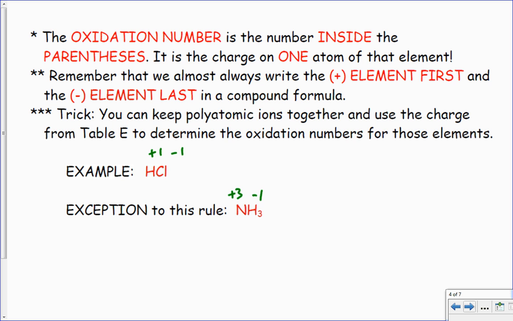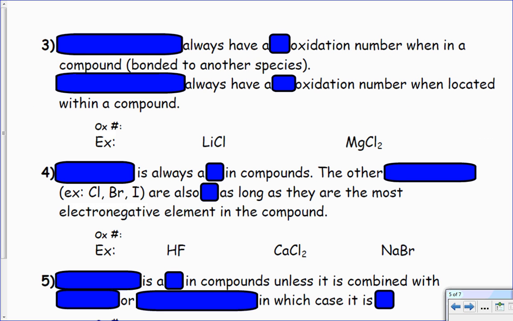So this is a +3, and this becomes a -3. Here, in the example, hydrogen's a +1. Here, hydrogen's a -1. An exception. Positive comes first.